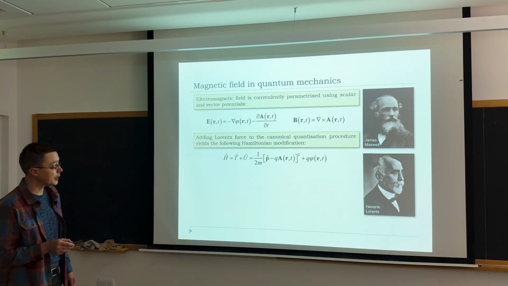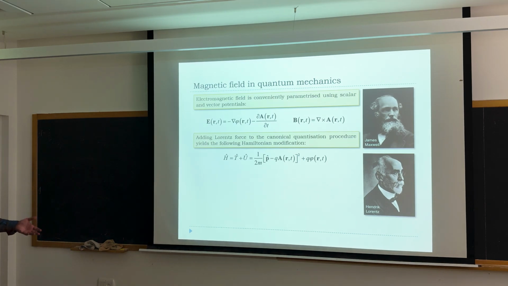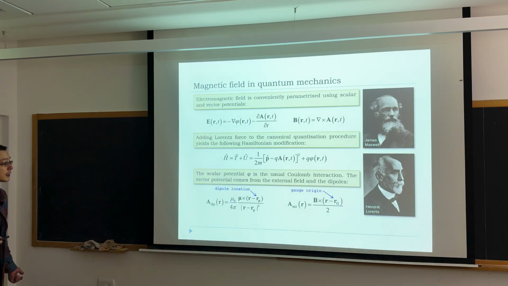And the electrostatic potential just remains the same like it was in your usual, hydrogen atom type Schrödinger's equation. So we have the kinetic energy and the potential energy, and so kinetic energy is modified in the presence of the magnetic field.